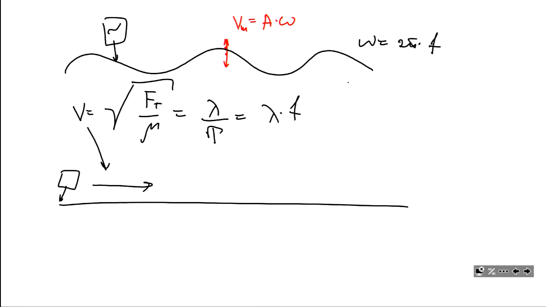Are the speed equations the same no matter if the wave is a transverse wave or the other one? This is the speed for the maximum, and that is the same. This is the speed for a wave on a string. So you cannot excite longitudinal waves in a string. That's impossible.